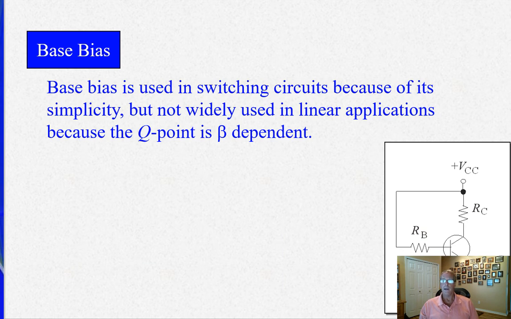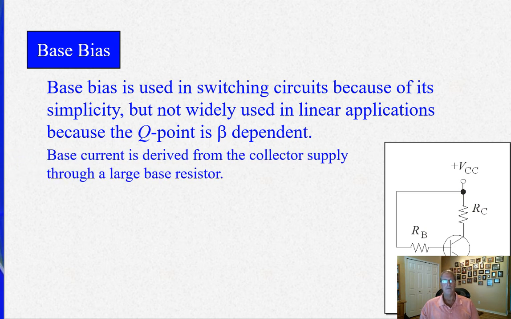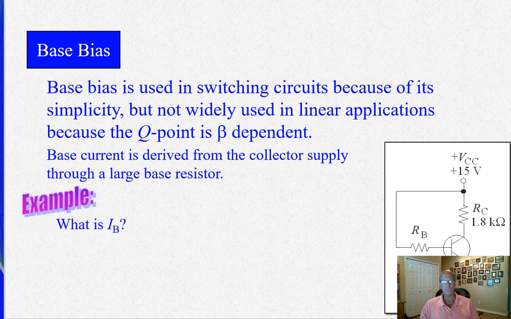Now there's also base bias. Base bias is not really common in linear applications. It's mostly for switching circuits. In other words, the transistor going from completely saturated to completely cut off. So that'd be on and off. So the base current is derived from the collector supply through a large base resistor.